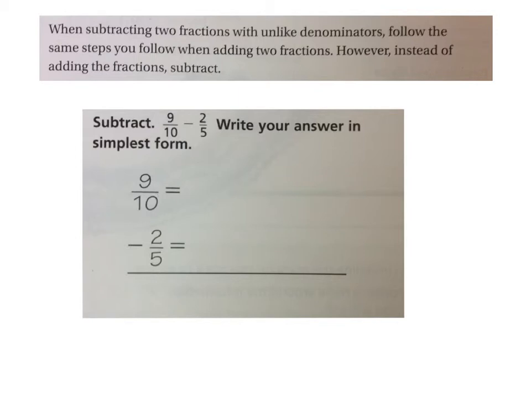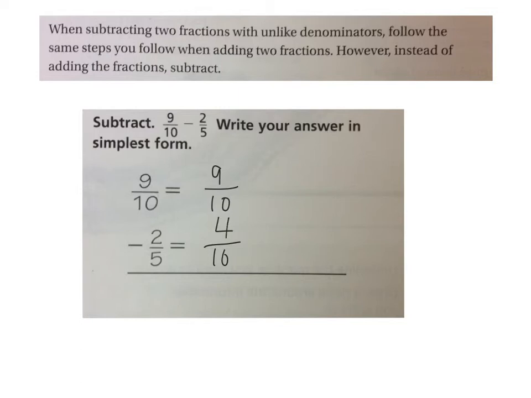Do we need to change 9 tenths at all? No. So 9 tenths is equal to 9 tenths. How would I change 2/5 to an equivalent fraction that has 10 as the denominator? You'll have to times the numerator by 2. Good. So 2/5 is equivalent to what fraction? 4 tenths.